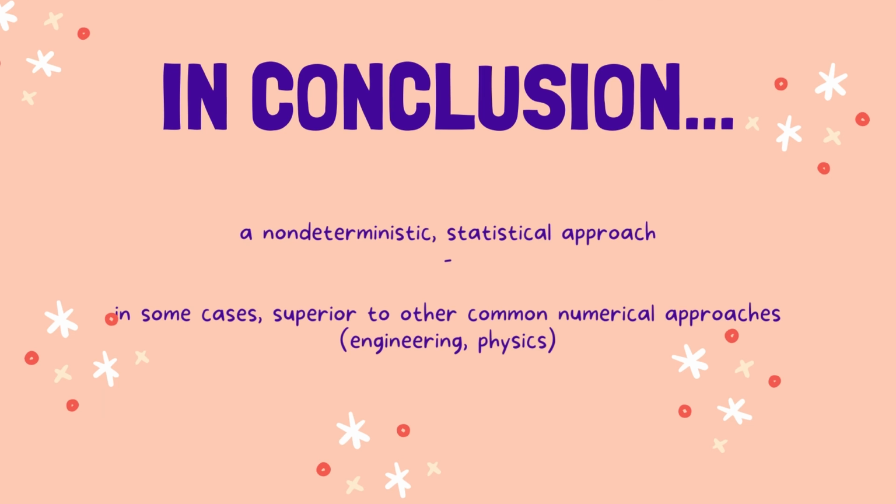Monte Carlo integration is a non-deterministic statistical approach to approximating integrals. In engineering physics, Monte Carlo integration proves superior to other common numerical approaches such as the trapezium rule or the Simpson rule in cases where the integrands are either too geometrically complicated, highly dimensional, or indefinite.